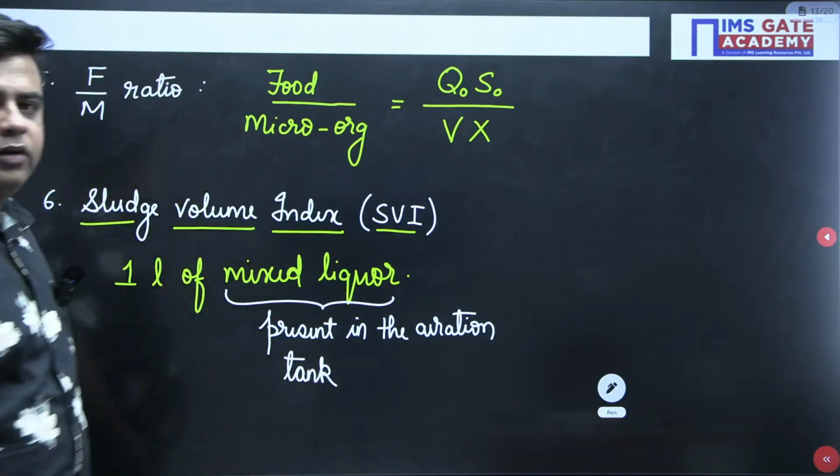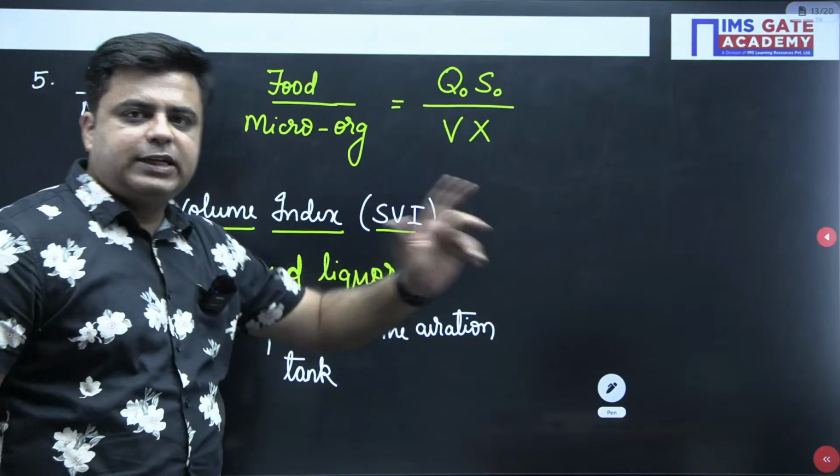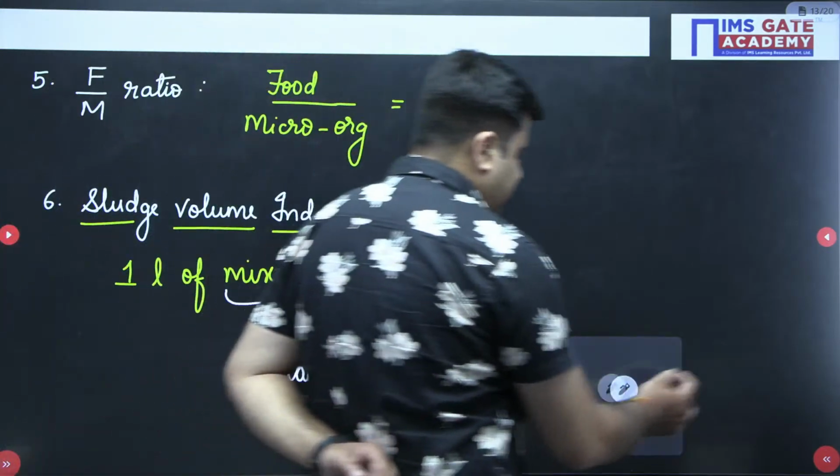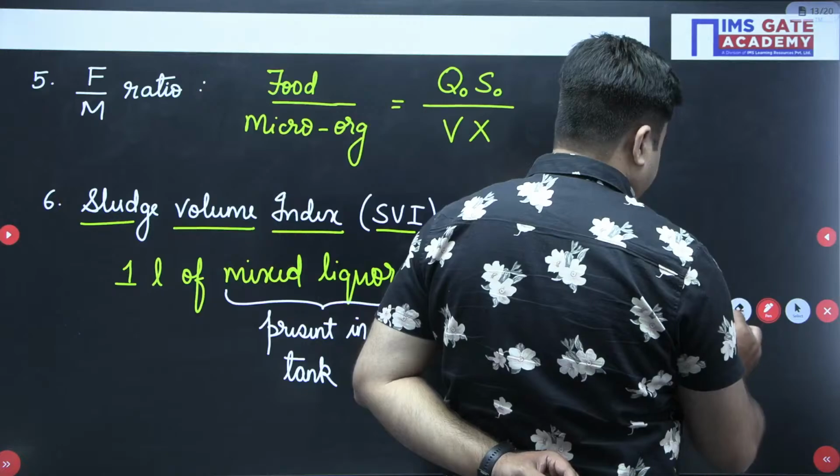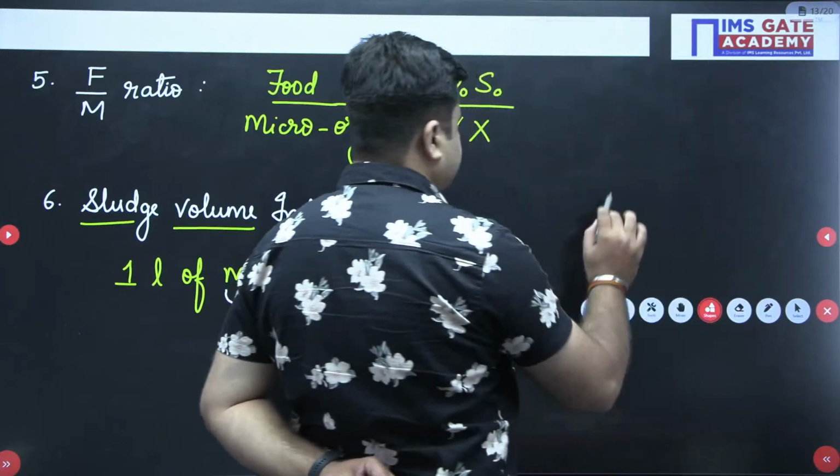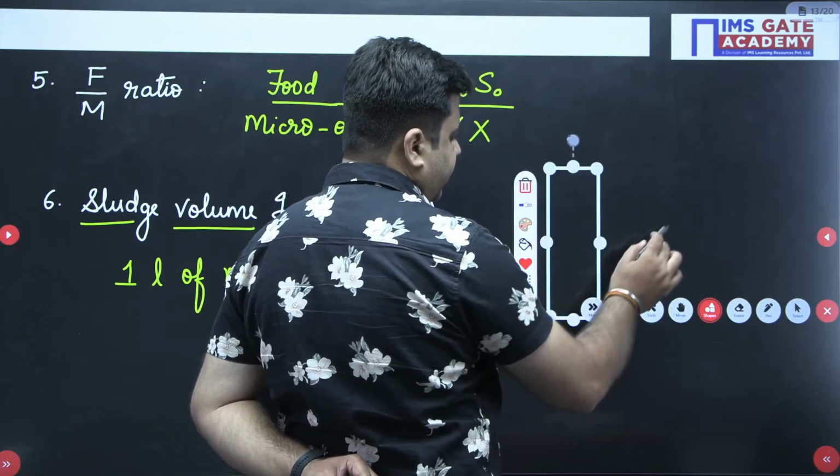So what you did is you took 1 liter of mixed liquor from the aeration tank. So this is 1 liter of your mixed liquor, right?